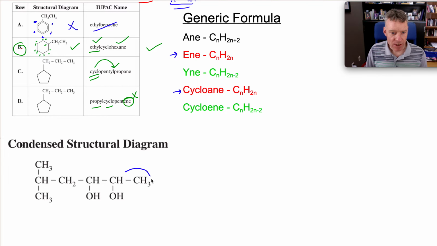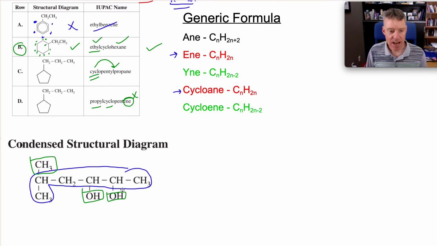So if I start snaking out the longest chain, I go here, and then I could go down one or up one, so it's a tie. It doesn't matter which way I go. So that leaves a hydroxyl here, a hydroxyl there, and a methyl there. I like to star what side I have to count from.